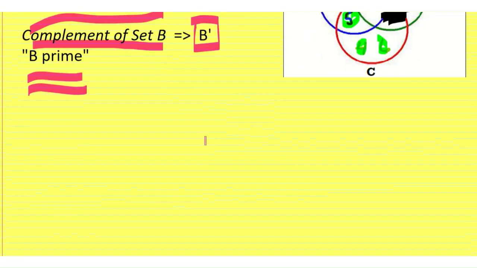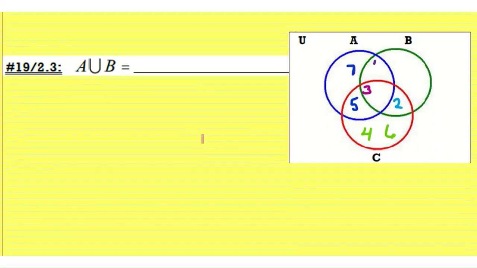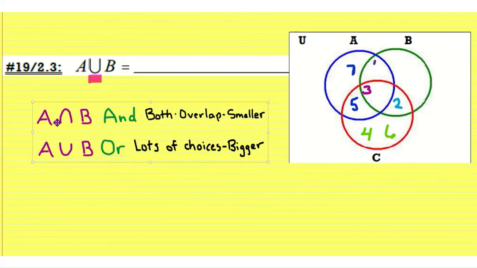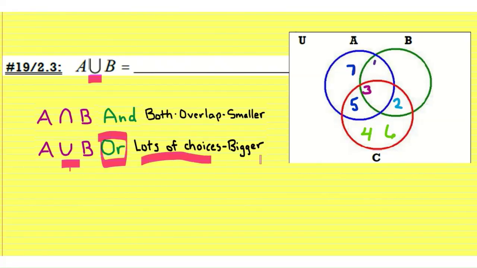Okay. The next thing we are going to look for is the union of set A and set B. So we have to think about, what does this symbol mean? That symbol, the right side up U, has to do with the word or, and that means lots of choices, and it will typically be a bigger set.